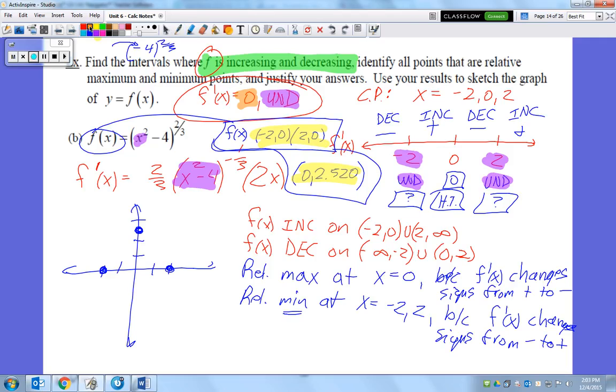This first one, I'm going to decrease until I reach an undefined of some kind. If I decrease from negative infinity all the way to negative 2, when I reach negative 2 it is going to be something undefined, right? Can it be an asymptote?